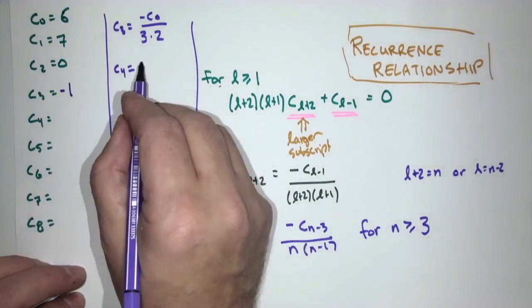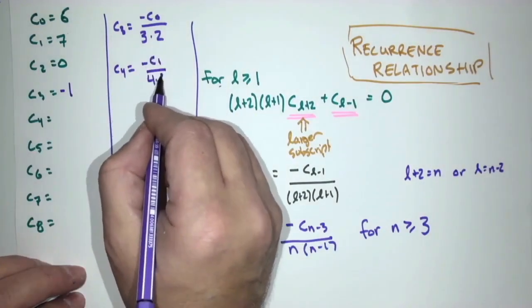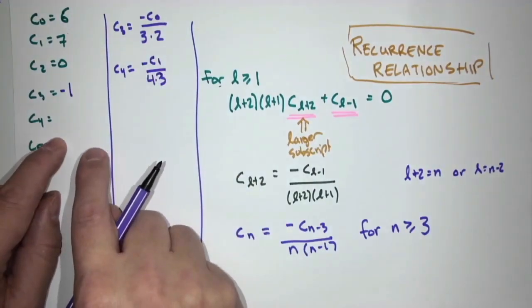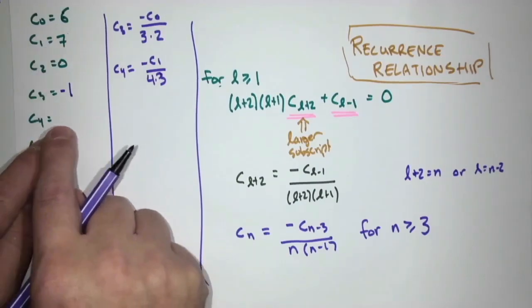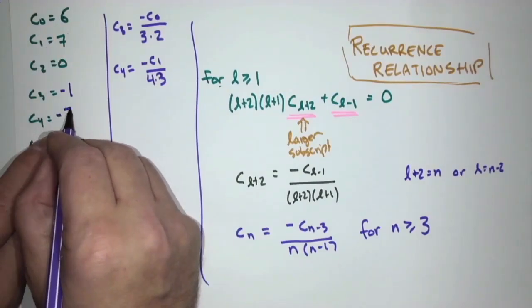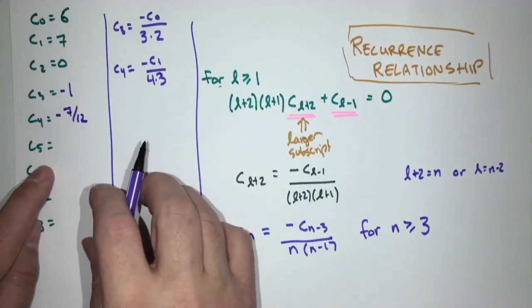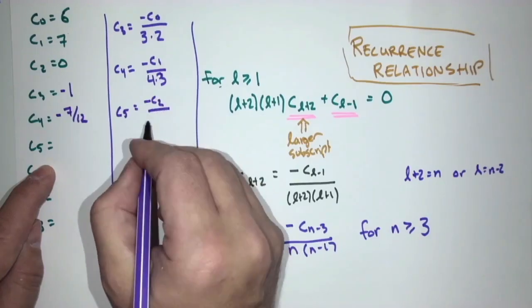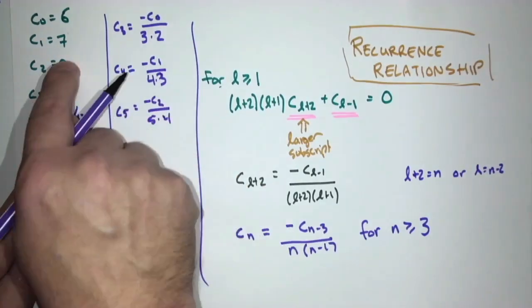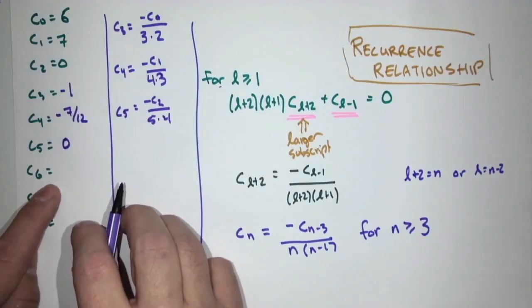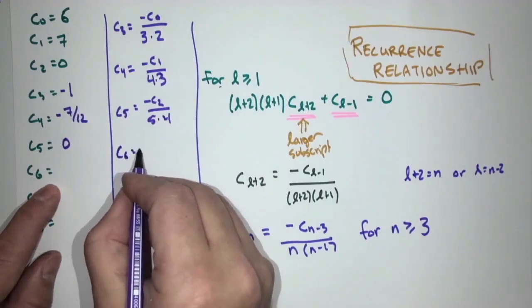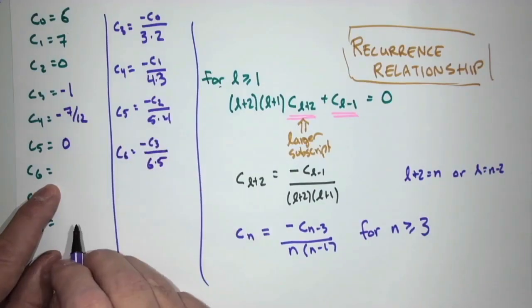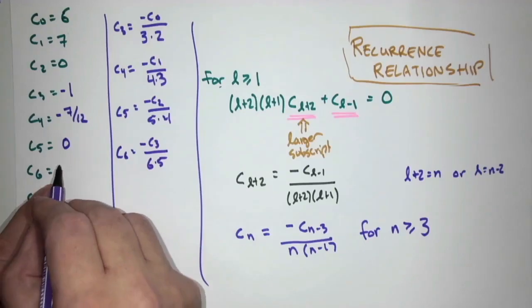Plug it in. Minus C1 over 4 times 3. Well, what's C1? 7. So C4 is negative 7 over 12. How about C5? Minus C2 over 5 times 4, but C2 is 0, so 0. C6, that's minus C3 over 6 times 5, which gives us 1 over 30.